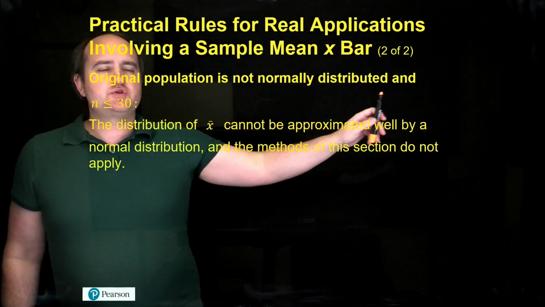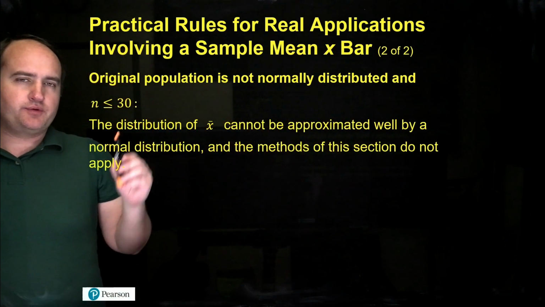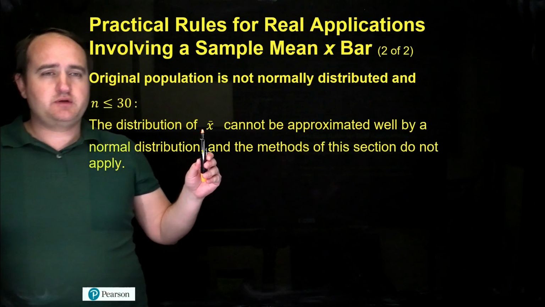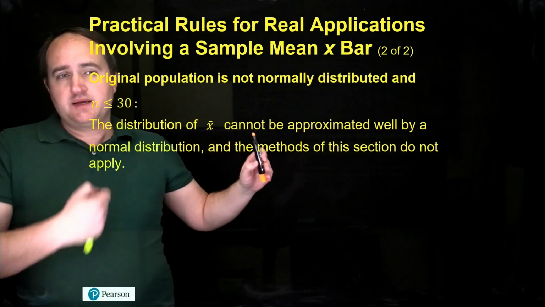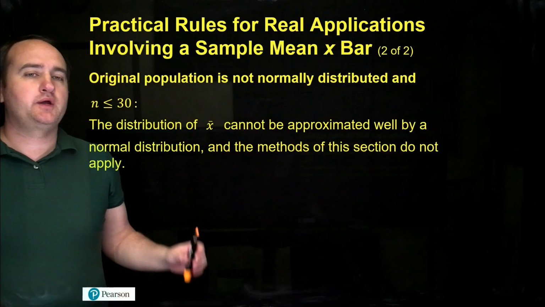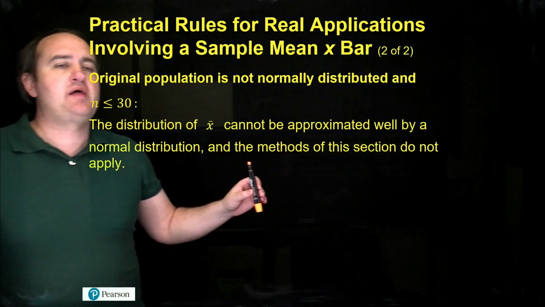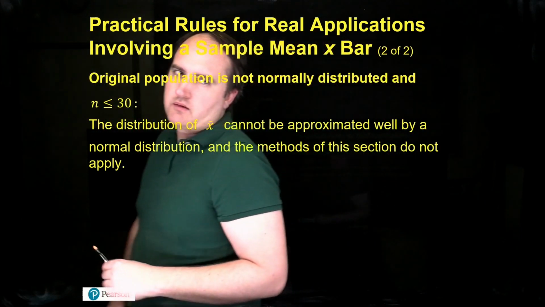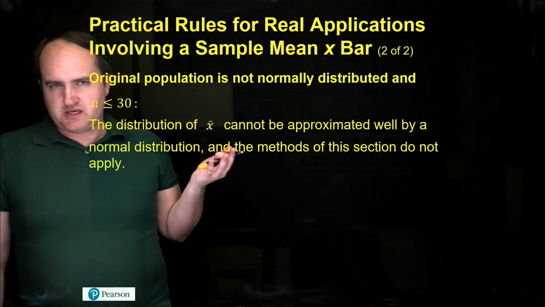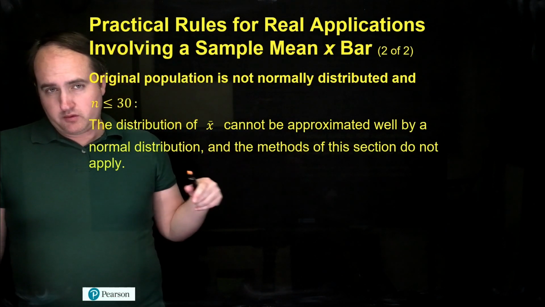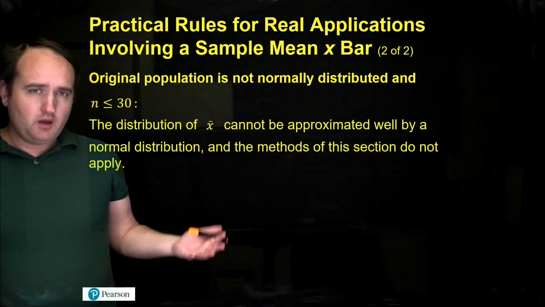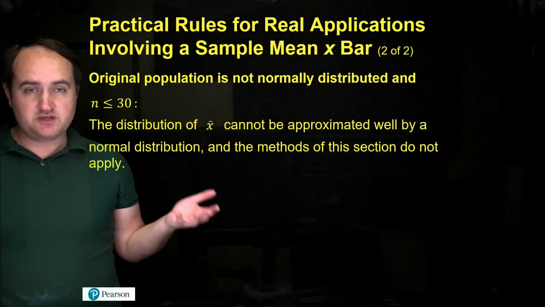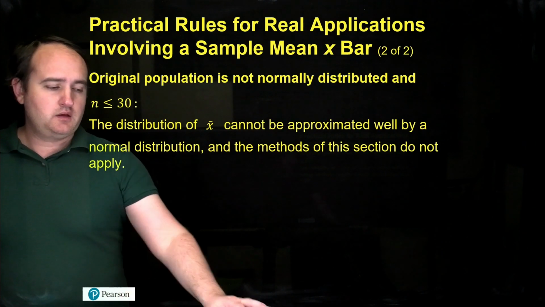If it's not normally distributed and n is less than or equal to 30, in that case, the distribution of the sample mean x bar cannot be approximated by a normal distribution, and the methods of this section do not apply. Okay, but that's, again, not going to be particularly helpful for the homework quizzes and exam, because all of the problems there are problems that you can apply the central limit theorem to.